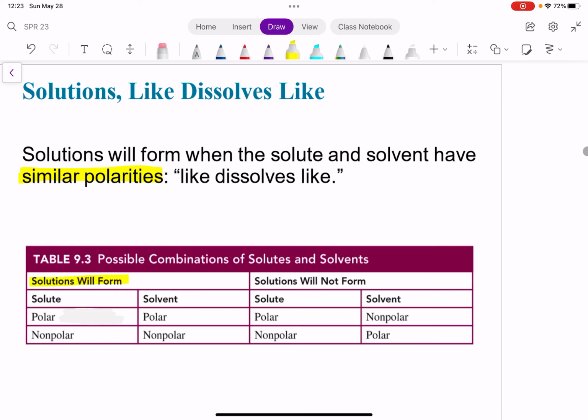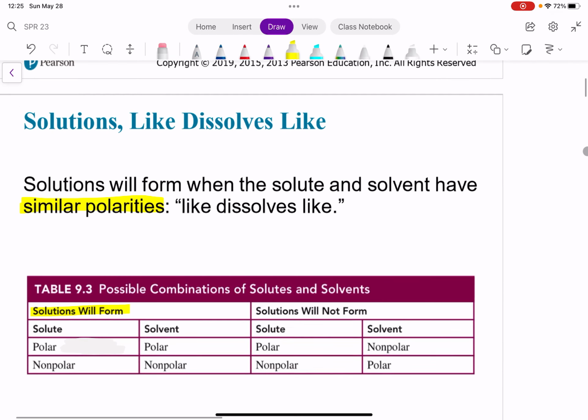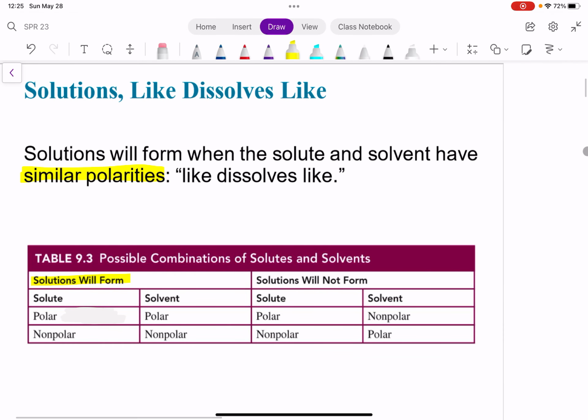Solutions will also form when your solute and solvent are nonpolar. My favorite example of this concept: water is a polar molecule, so it's a polar solvent. It's one of our favorite solvents.